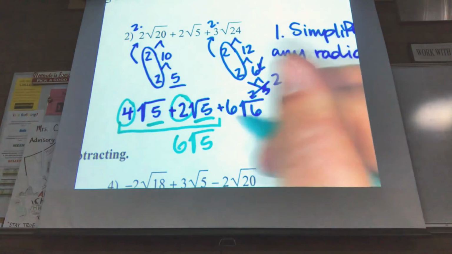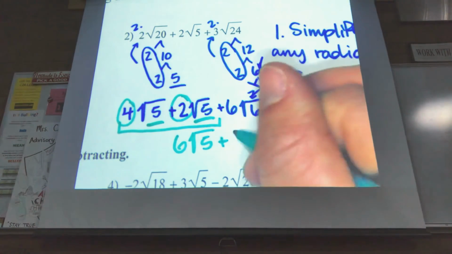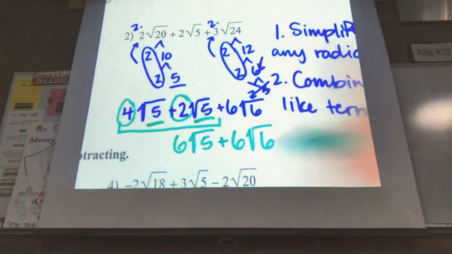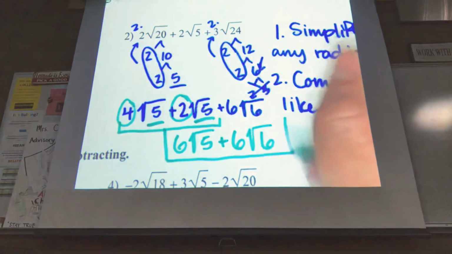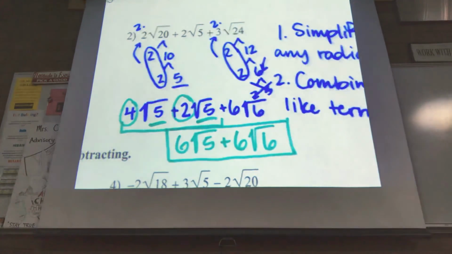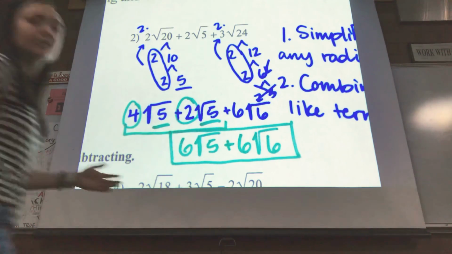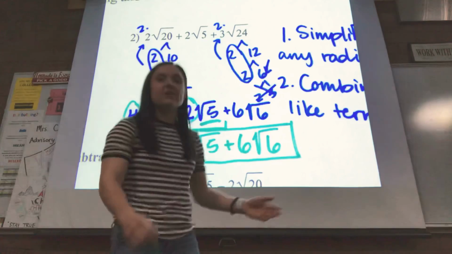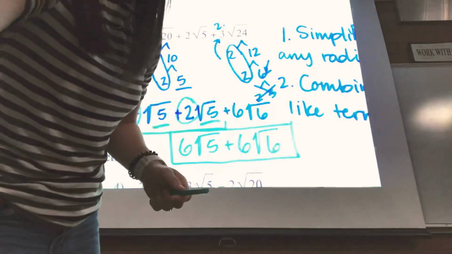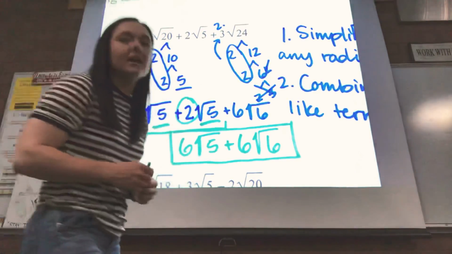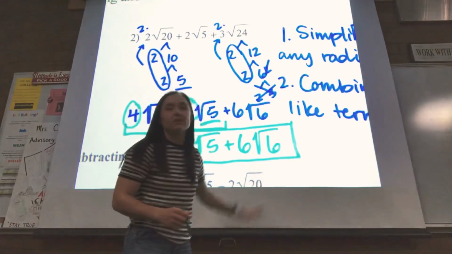And the root 6 cannot be combined with anything, so that stays 6 root 6. And that is our simplified answer. Okay, it's okay that we have two terms, right? 5 and 6 cannot be combined. Okay, they are as simplified as they'll go.